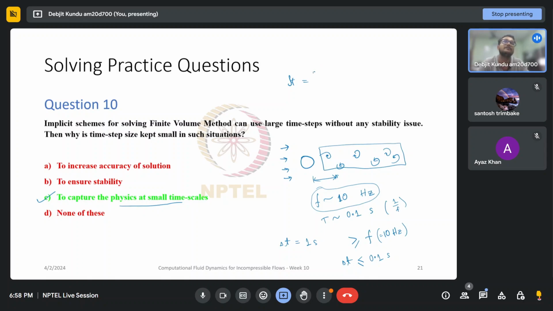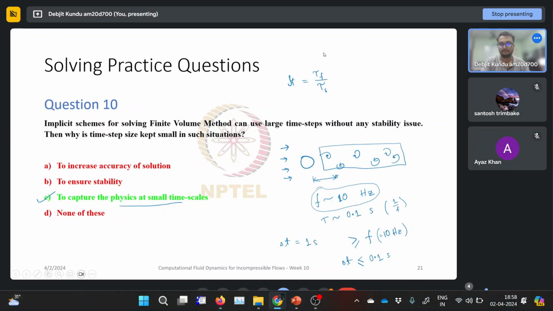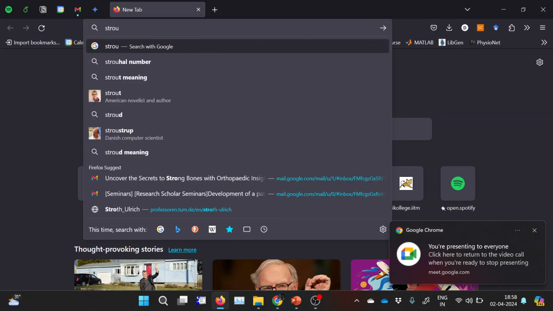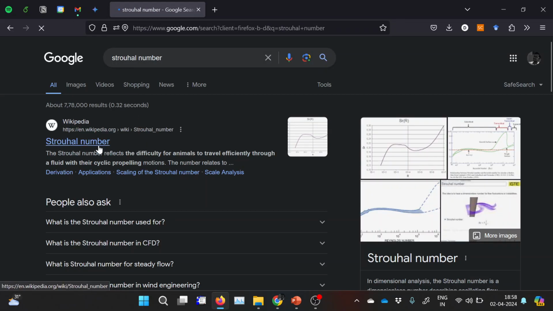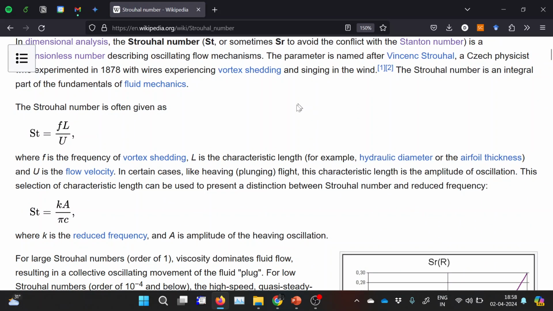There is a flow time scale and a system or vortex shedding time scale. It's the ratio of the two. Wait a second, I'll look this up and do this correctly.